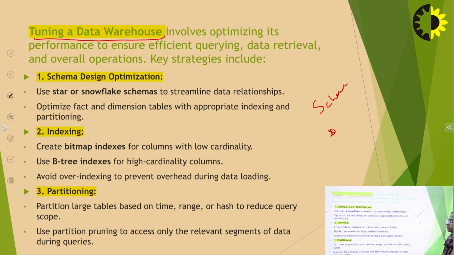A schema is the skeleton of a database. For example, where you have stored the data, in which table, in which column, through the schema, through the metadata, you can easily know where the data is stored. These are the structures in which you represent data.